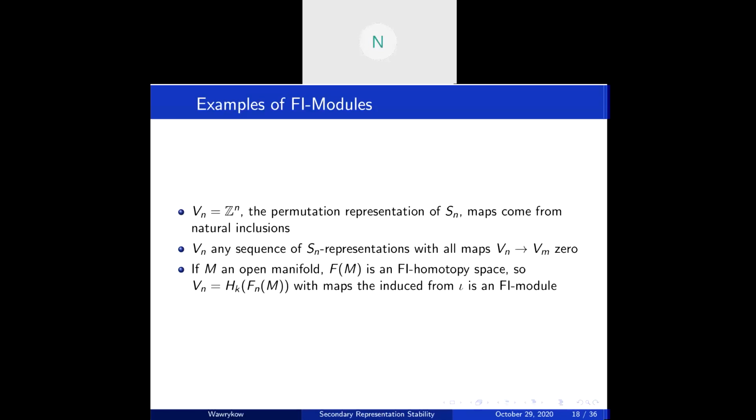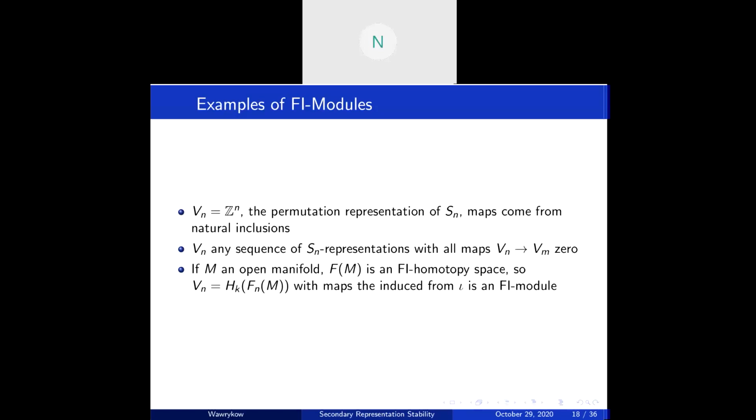Finally, and perhaps most importantly for us, if M is an open manifold, then the ordered configuration spaces of M are going to be an FI-homotopy space. And we need this homotopy here because it's not just you making a lot of choices, and things go wrong if you start doing these S_n actions without this homotopy.